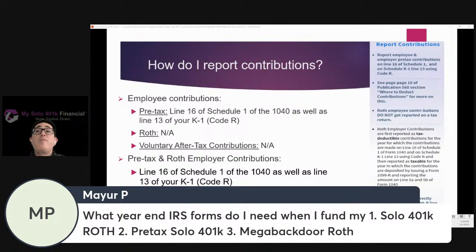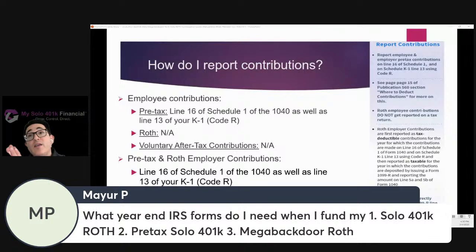So that second step is reportable, and we prepare that required 1099-R that needs to be issued to report that after-tax to Roth transfer as an optional free service for our customers. In other words, no additional charge. They just need to request it in a timely fashion. It's easy to do that because we have an online form that customers use, mysolo401k.net/forms to access those forms.